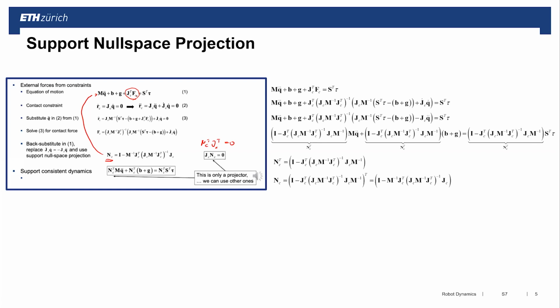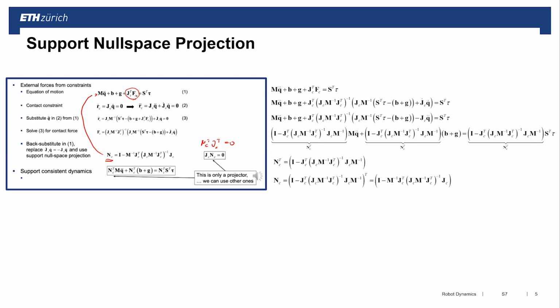In other words, given my desired acceleration, I can directly calculate my torques. I don't have another constraint force that is somehow in there to be optimized for. So we're reducing an equation which depends on 3 parameters, namely acceleration, contact forces, and torques, to an equation which only depends on 2 parameters.